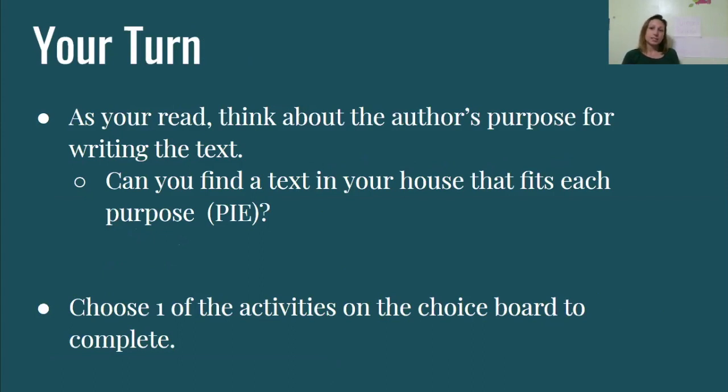Can you find a text in your house that was written to persuade, a text that was written to inform, or something that was written to entertain? And then for extra practice, choose one of the activities on the choice board linked to your learning path and complete that activity. Share with someone what you have learned about author's purpose today.